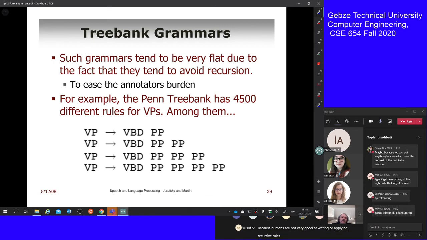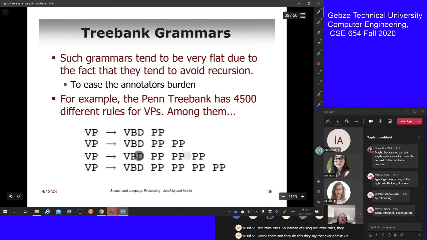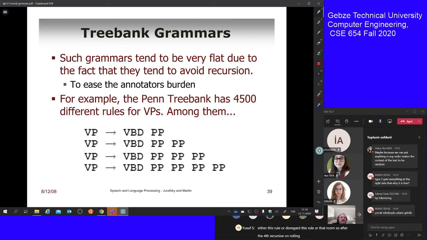So instead of using recursive rules, they unroll them. They say that a verb phrase is either this rule or this rule or this rule or that rule. After the fourth recursive unrolling, they just stop. They say that after that, this is not meaningful.